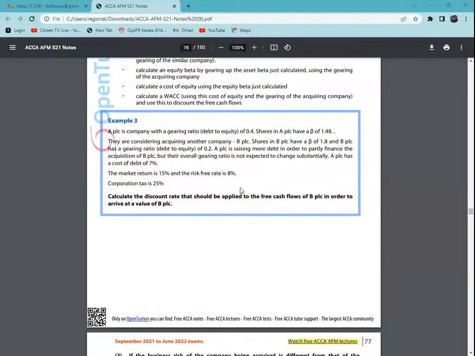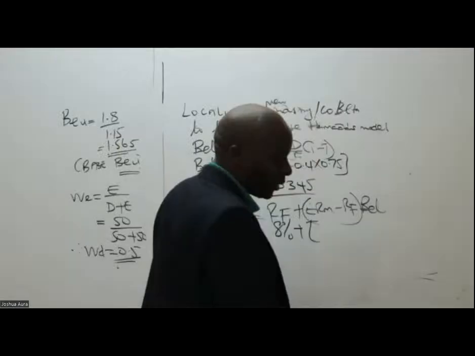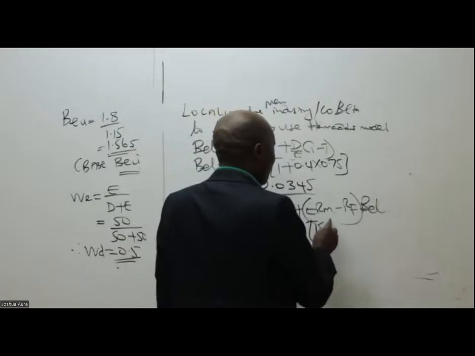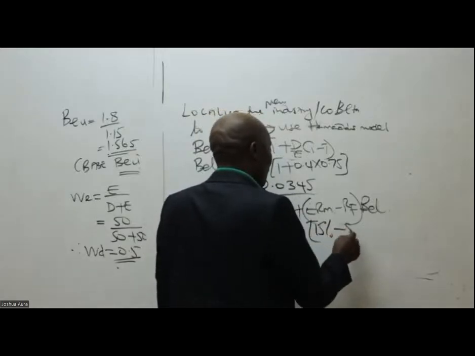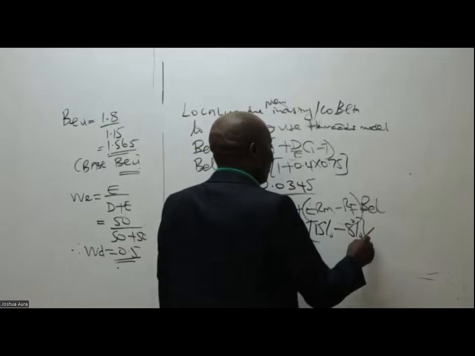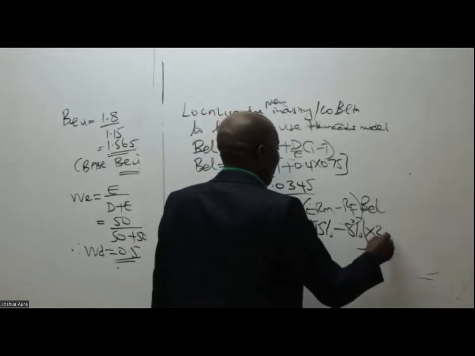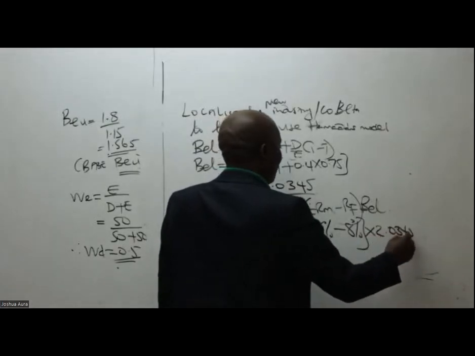Thank you so much. So it's 8%. Plus, are you able to see the expected return of the market? Yes. Market return here is 15%. So market return here is 15% minus risk-free, which is 8%, multiplied by the beta that we got up here, which is 2.0345, like that.